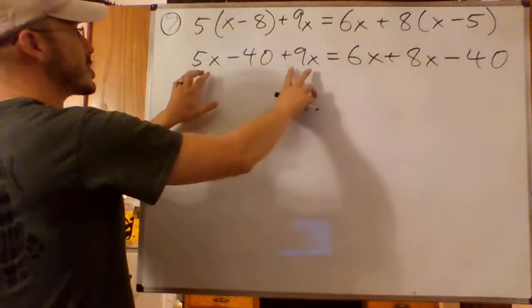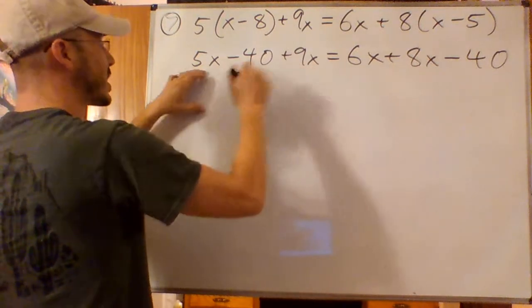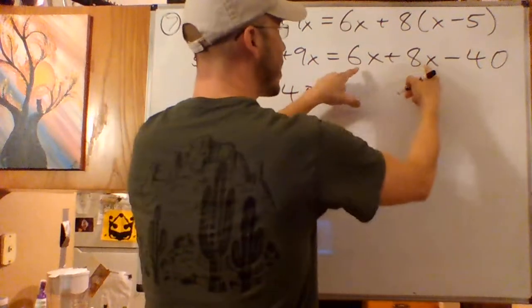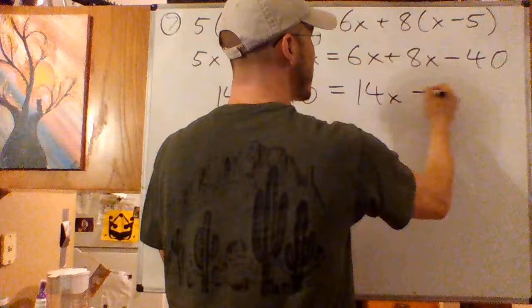Next, I'll combine like terms. 5x plus 9x is 14x minus 40 equals 14x minus 40.